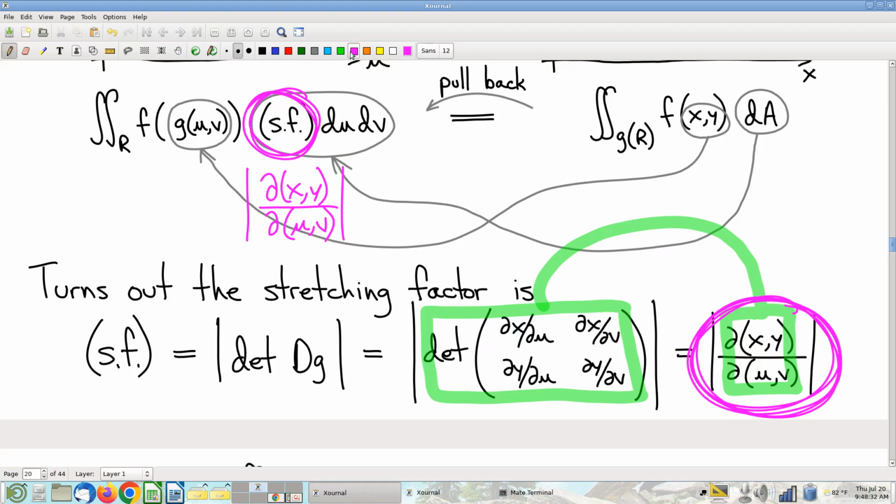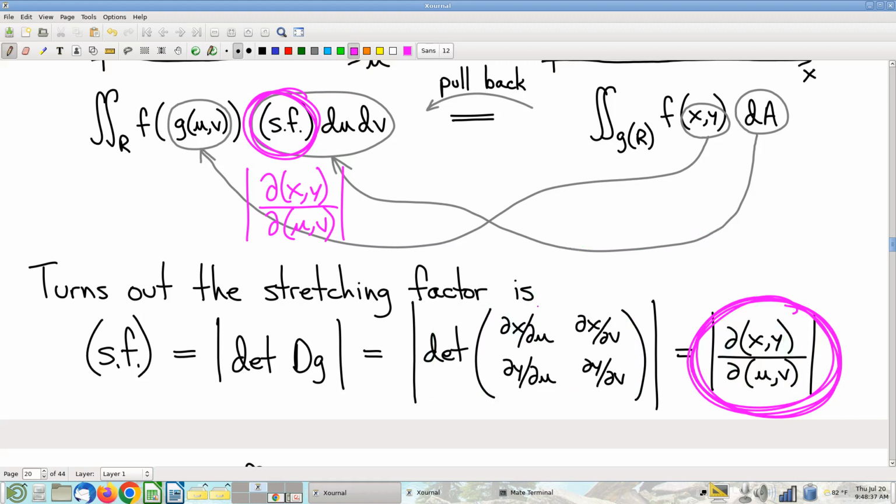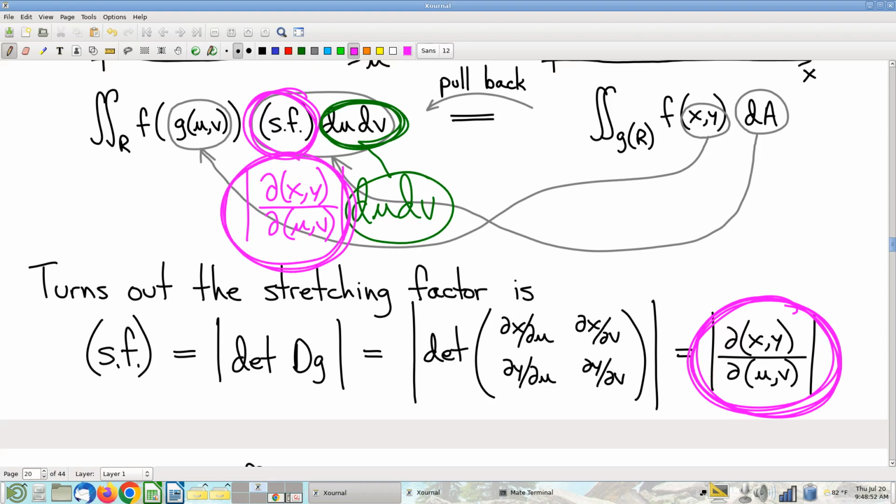And that's what I am multiplying, recall, times, I really like to use green for this, as we have in the past, multiplying by du dv. There. So I've got stretching factor times du dv. And that's supposed to equal, let's see here, blue, area in the xy plane, which plausibly could be denoted as dx dy.